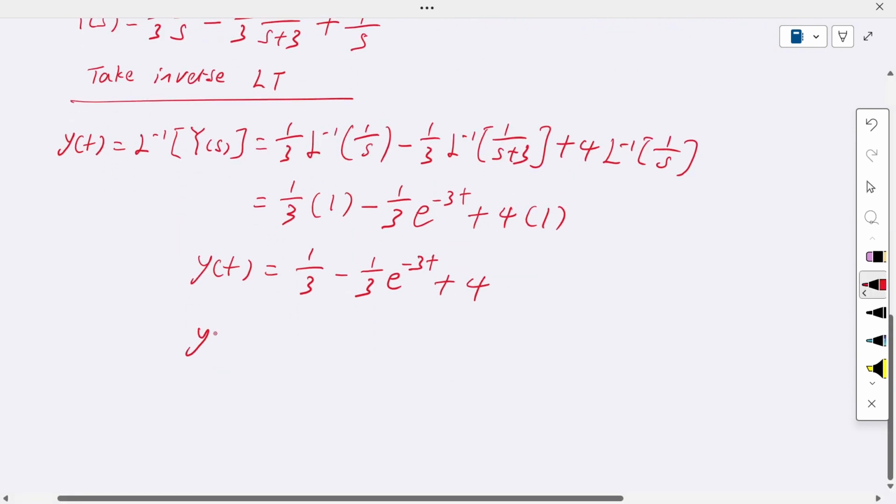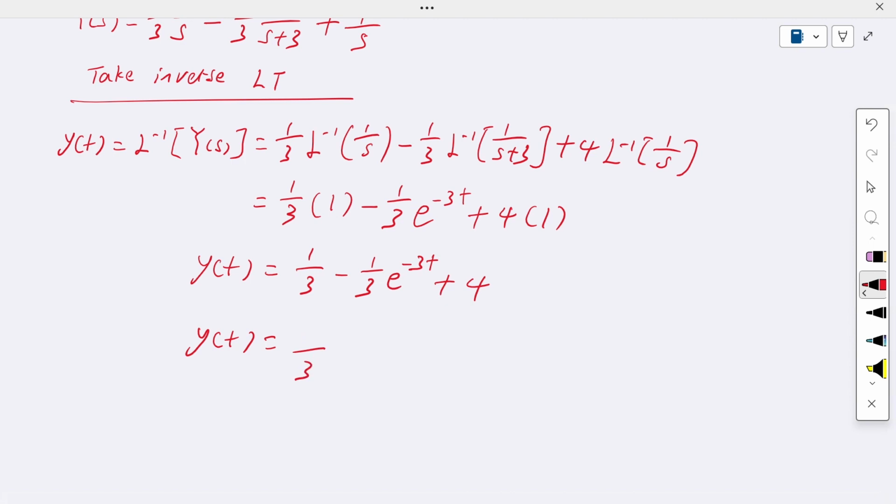We can rewrite this. The solution is y of t equal to 13 over 3 minus 1 over 3 exponential minus 3t. So that is our solution.